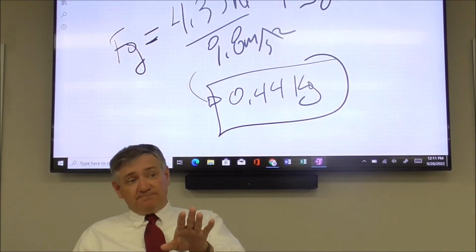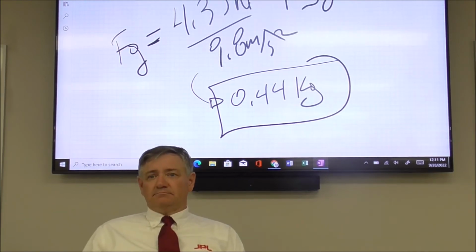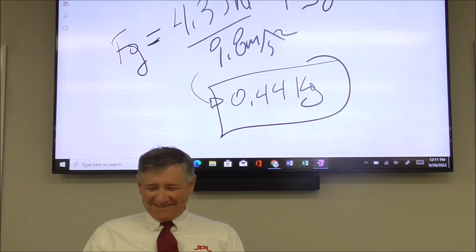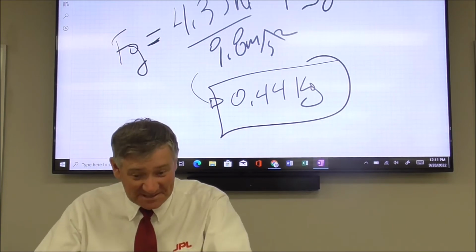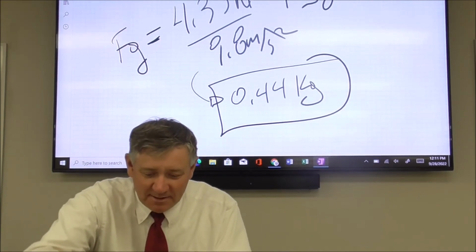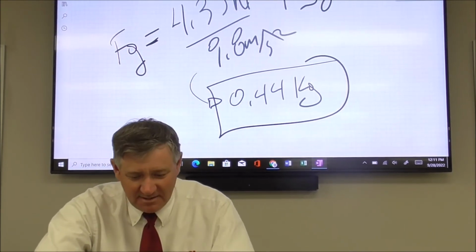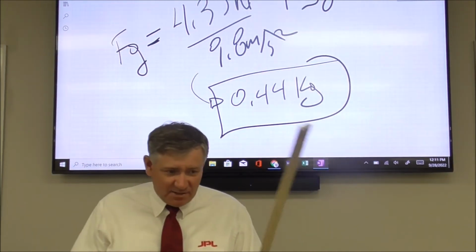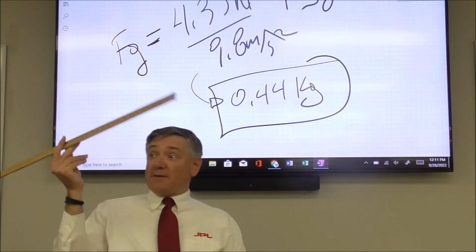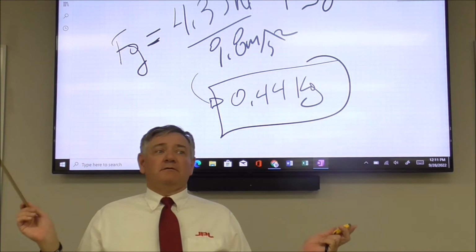Now I've got the mass. That's the easy one. How could I determine the acceleration of the cart? I could time it. Make a little lab. What can I do to make a little lab? You get a ruler and a timer. What are some things that I could measure? Distance, and perhaps time.